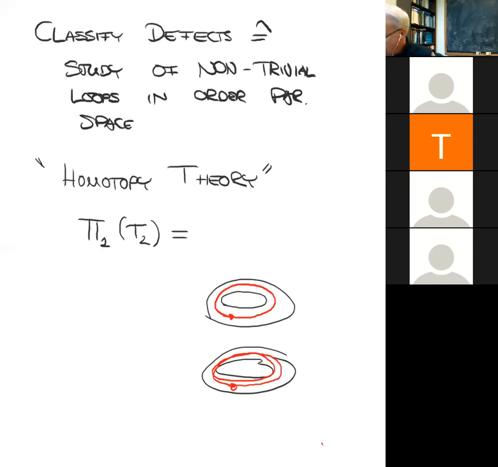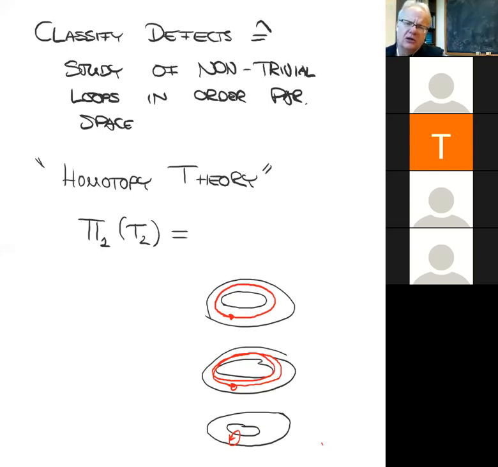Okay. Or you can, of course, make a loop in the other direction. So you can take this space. Okay. And now you can decide to go around the other direction. A loop that goes around the other direction on this donut cannot be smoothly deformed to a loop that goes around the first direction.